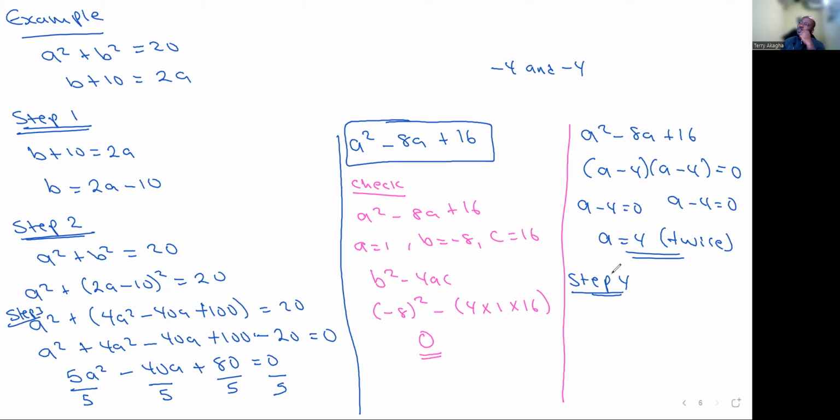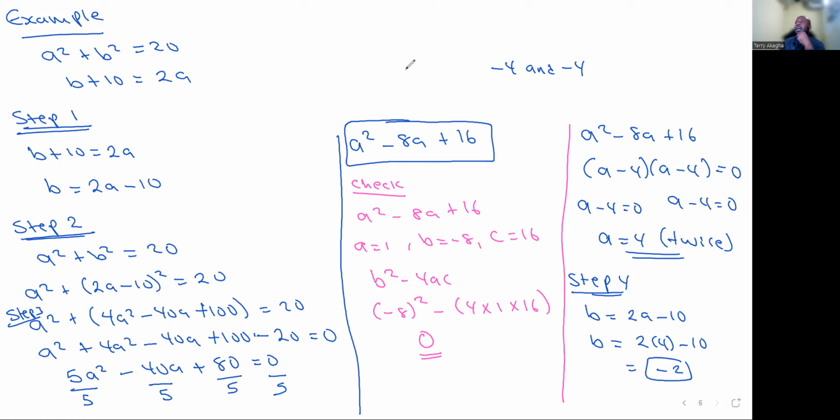We substitute a into one of the original equations to get b. I'm going to use b is equal to 2a minus 10. The a is 4, so b is equal to 2 times 4 minus 10, and b gives me minus 2.